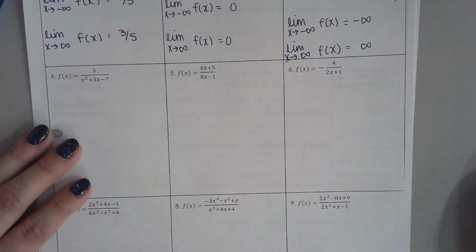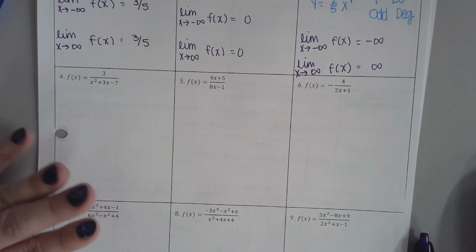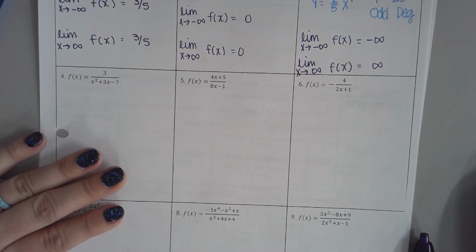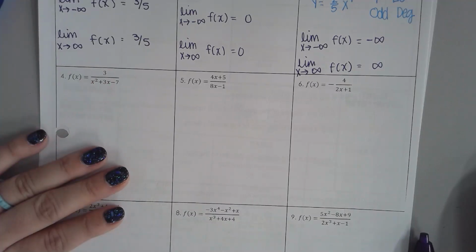All right, number 4. So your degrees. Which one's bigger? The bottom. If there's no x at all, your degree is 0. So you have a 0 on the top, 2 on the bottom.